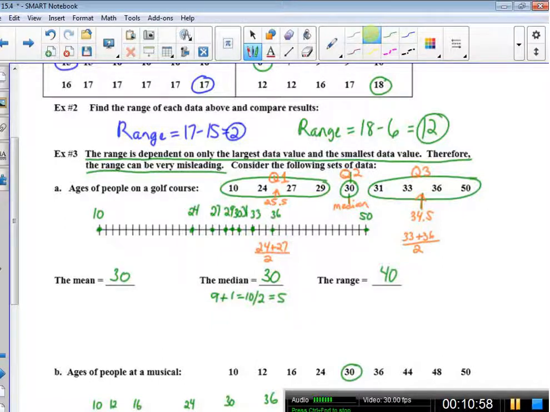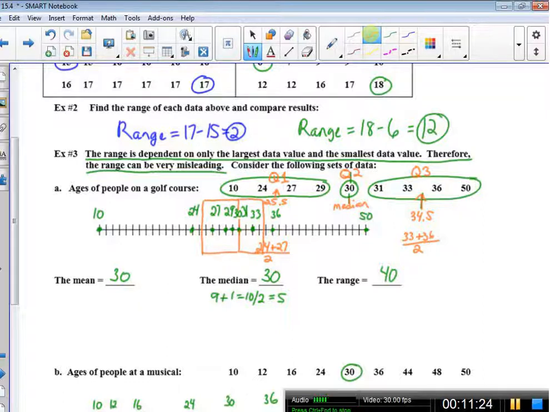And then you could make a box and whisker plot out of this. So at 24, here's 25.5 right here. And then draw down at the median 30. And then go to 34.5, which is right here. So you draw a box.